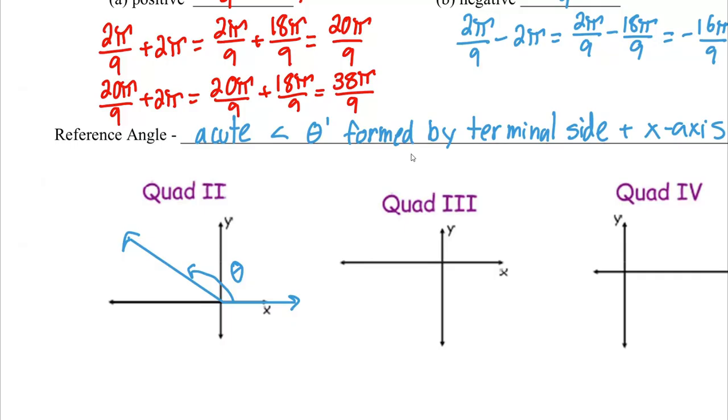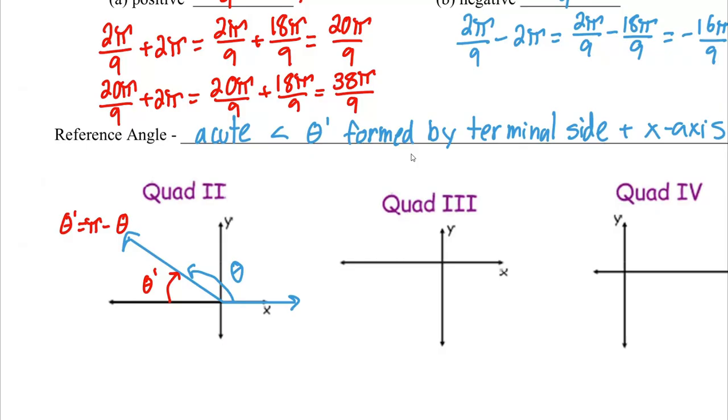So our reference angle would be here, and that is what we call theta prime. In quadrant 2, the formula for this, if you prefer a formula, is pi minus theta. I'm not going to worry too much about the formula because we're just going to count what it would take to get us to pi.